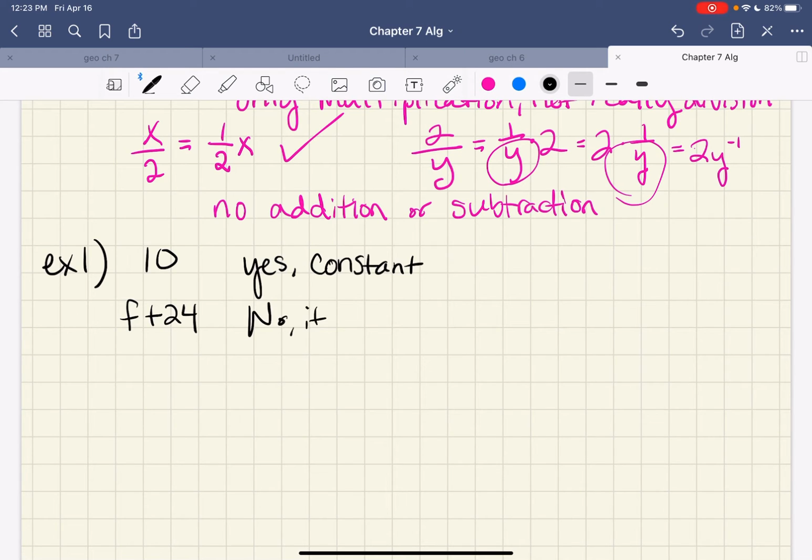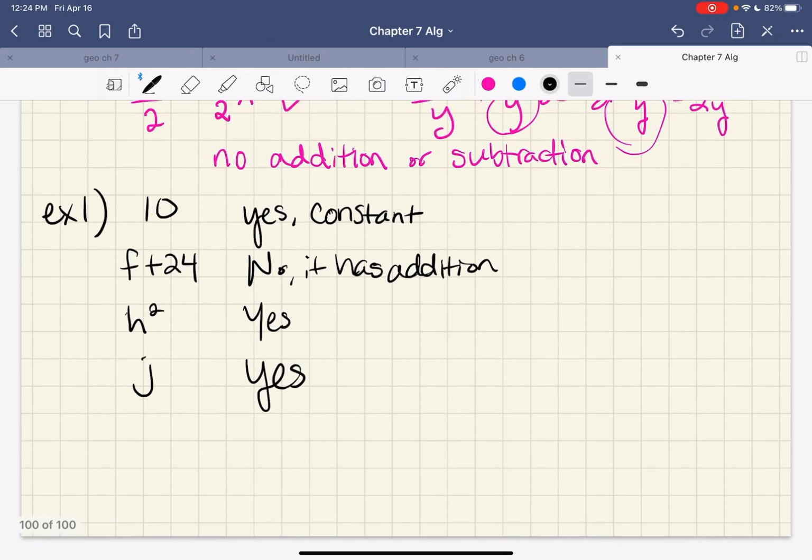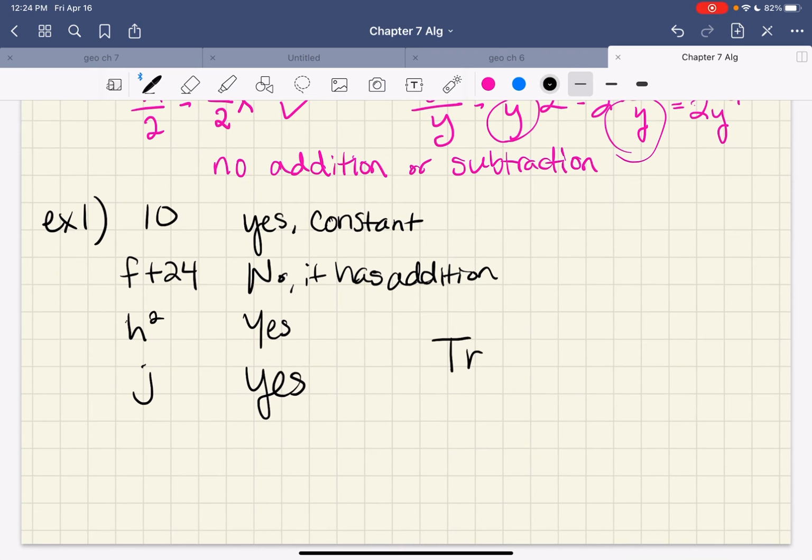No, it has addition. If we have h squared, is this a monomial? Yes, because this is h times h, so it's good. If we have just j, is this a monomial? Yes. Single variables are monomials.